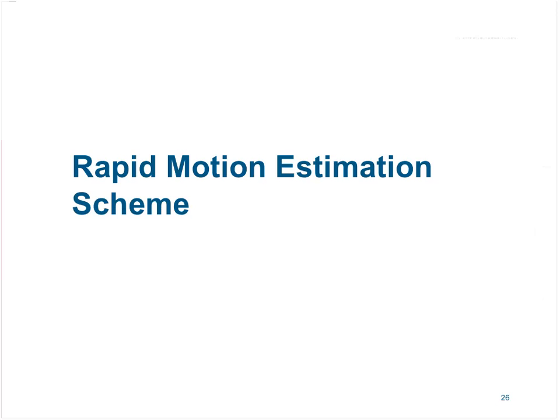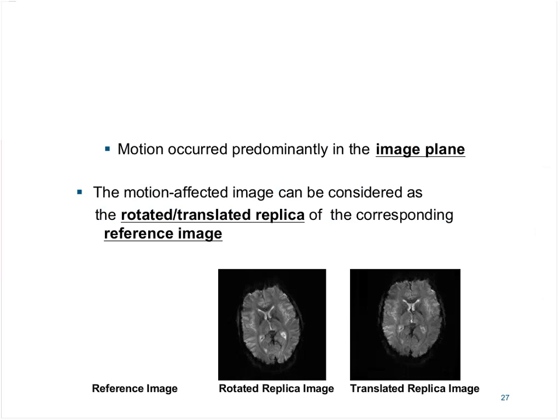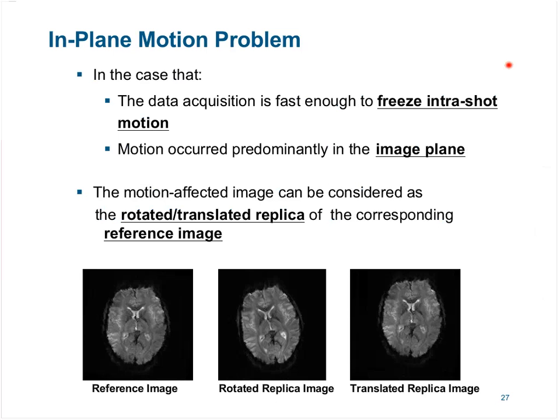And in the last section of this lecture, I want to talk about a rapid motion estimation scheme. So what is the problem? How can we state the problem? In the case that the data acquisition is fast enough to freeze the intra-shot motion, and motion occurred predominantly in the image plane, so these are the two conditions.